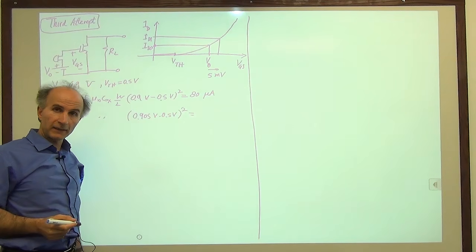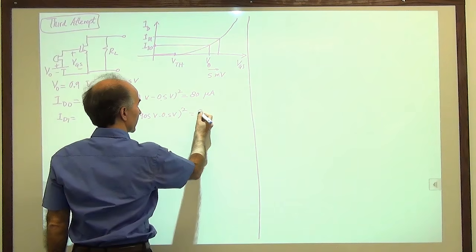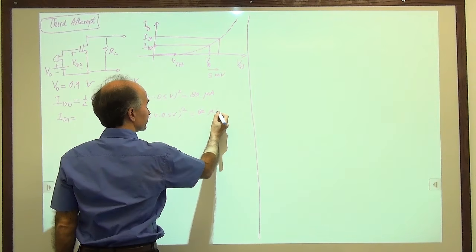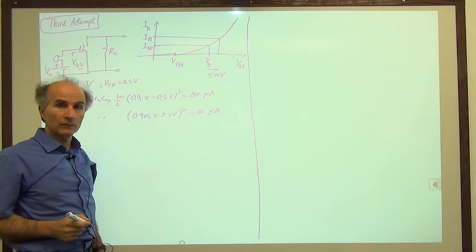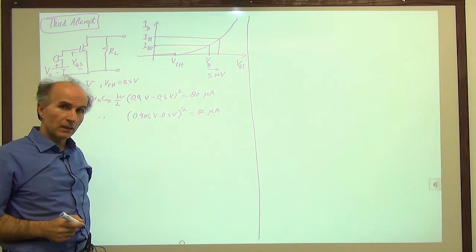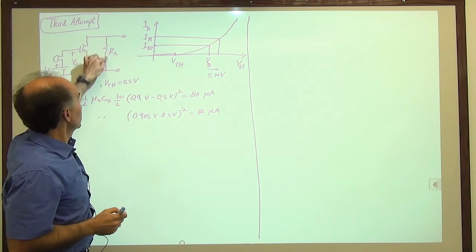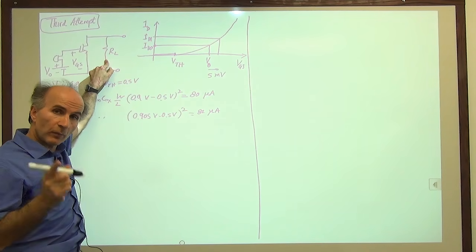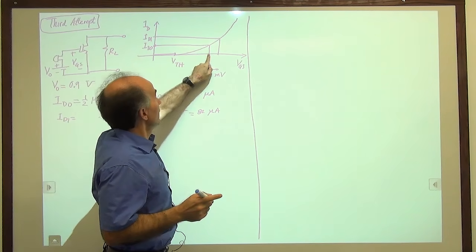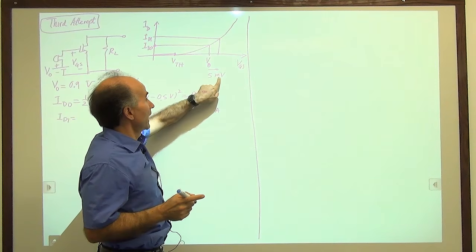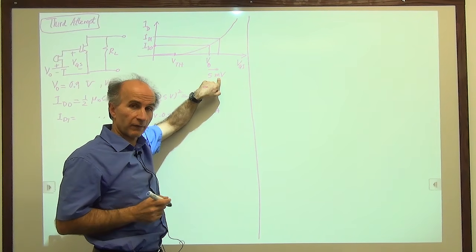And this gives us 82 microamps. So the current through the resistor increased by 2 microamps when the microphone signal came in and raised the gate source voltage by 5 millivolts.